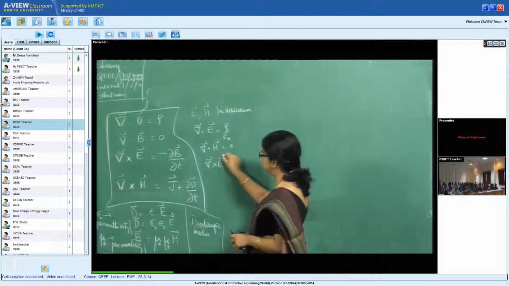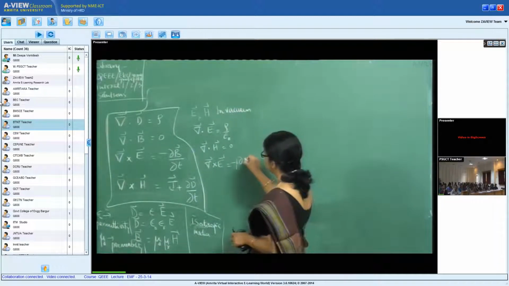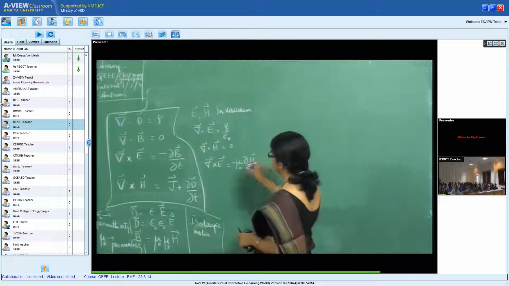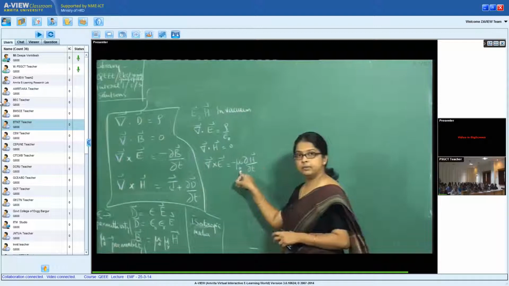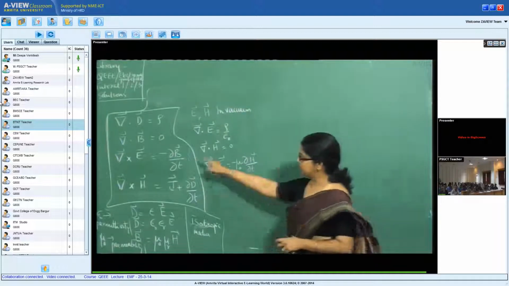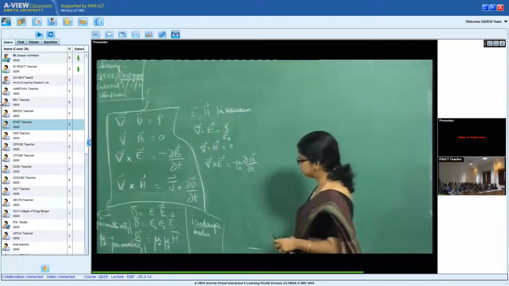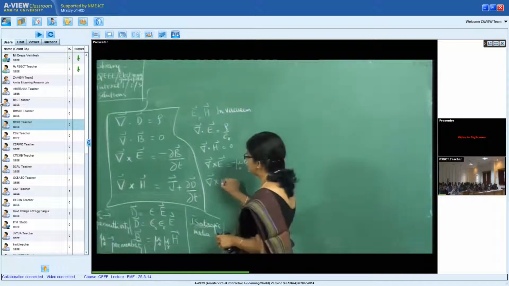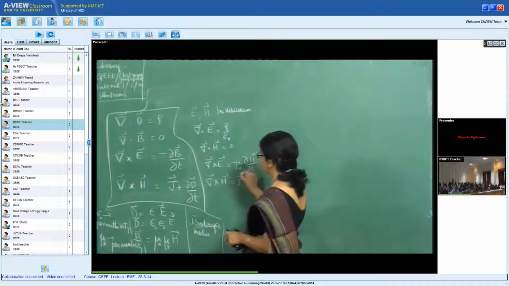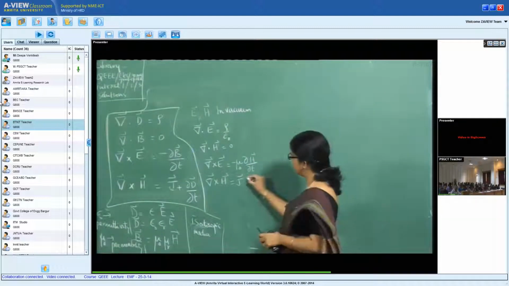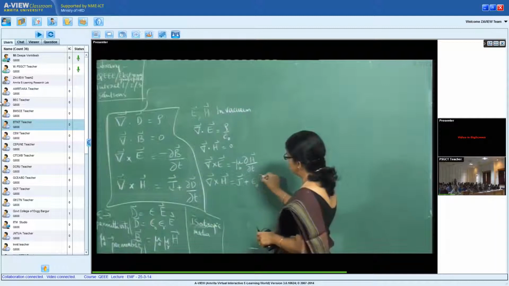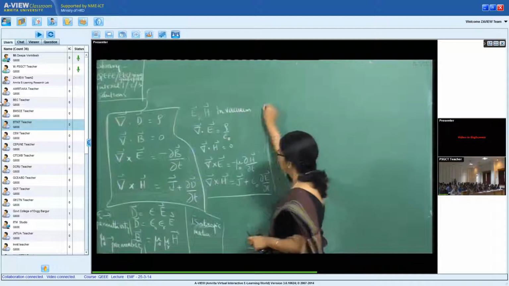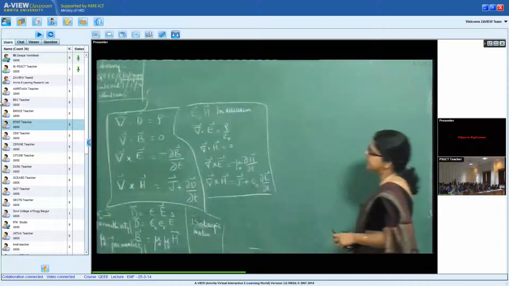Curl of E is minus mu naught del H by del t, because mu naught is not changing with time, so it has to be H that is changing with time, where I substituted B equal to mu H. And curl of H is current density plus epsilon naught del E by del t. This is how it would behave in vacuum.